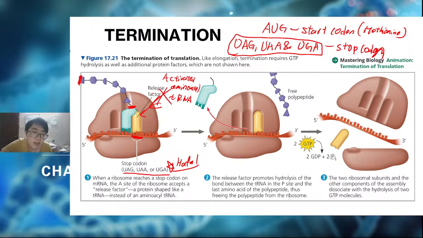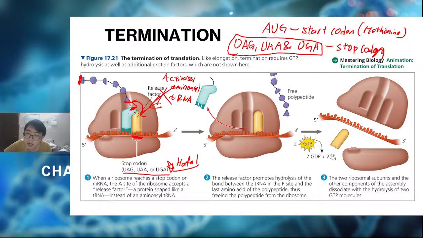Means that dia ini akan hydrolyze the bond formation between tRNA and polypeptide lah. So it breaks down the bond between the tRNA and polypeptide and releases the polypeptide and tRNA lah.